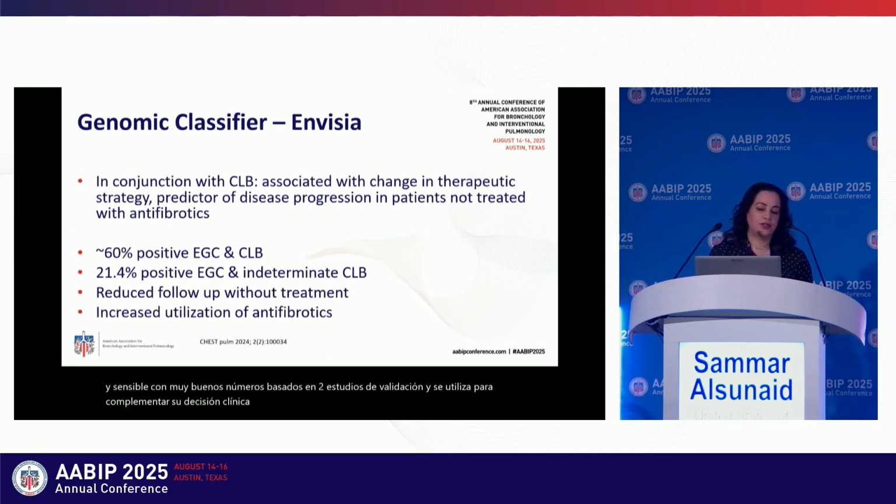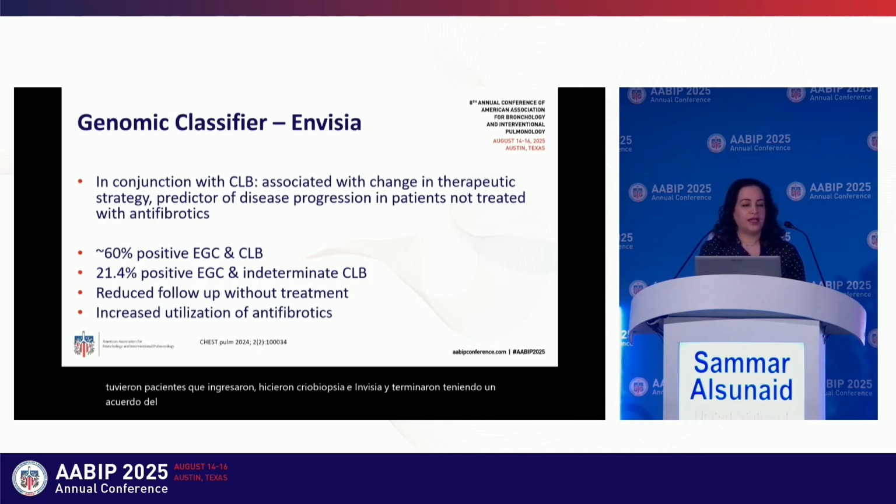And the way it goes is that you would do transbronchial biopsies and send that out to get the Hsia testing. So it has been looked at in conjunction with cryobiopsy as well. This is a study that was published actually in CHEST last year, 2024, where they had patients come in, do both cryobiopsy and Hsia, and end up having a 60% agreement between both of them.